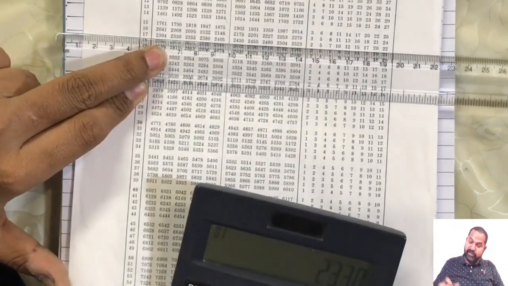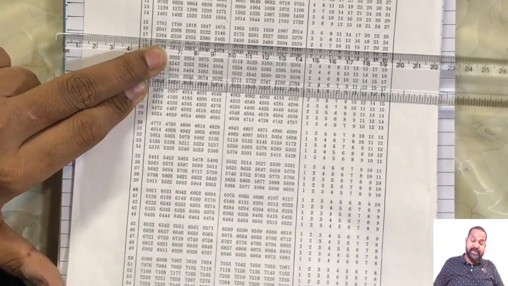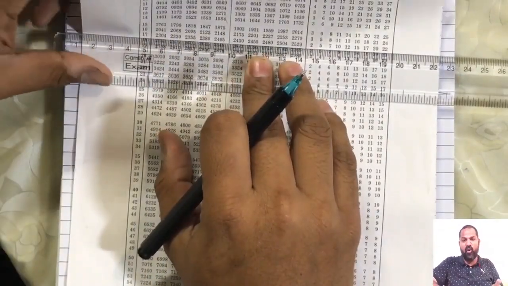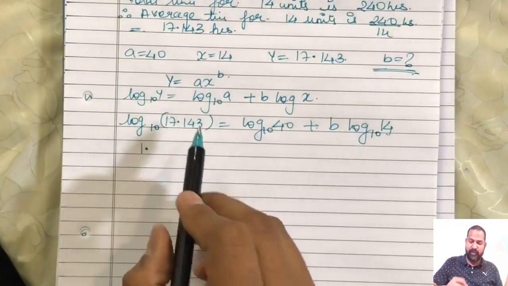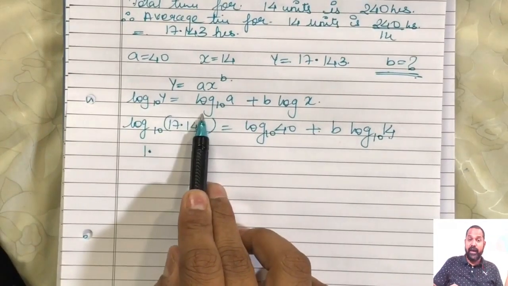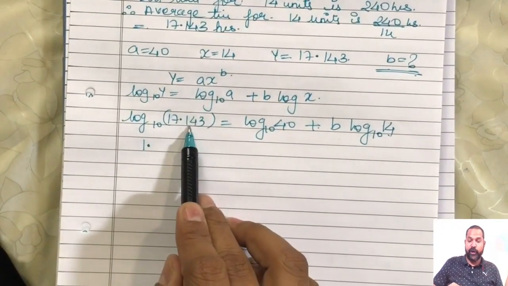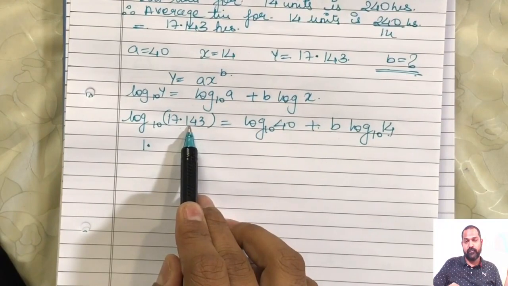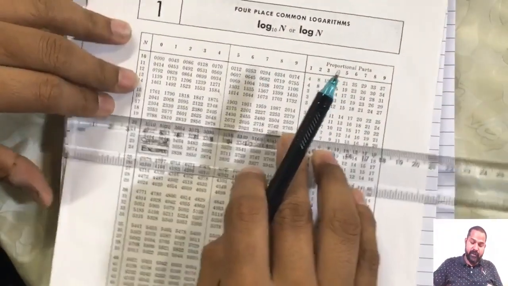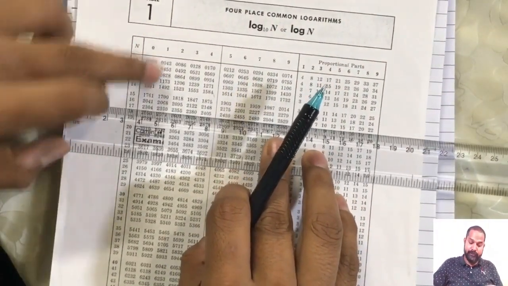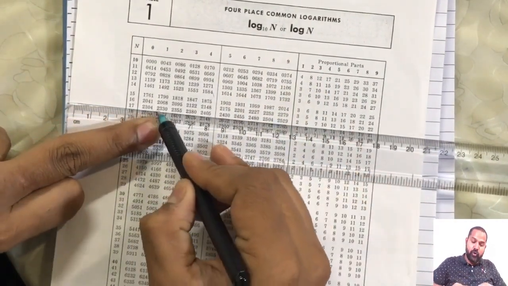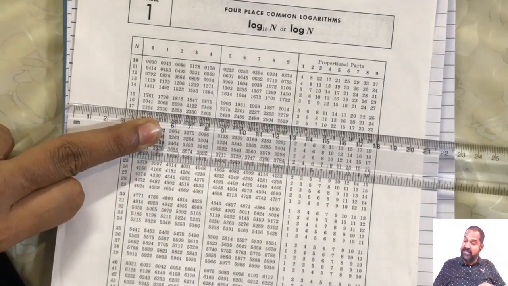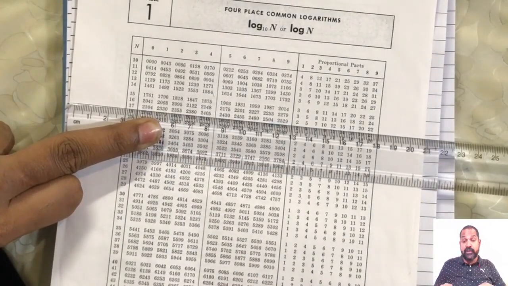So 2330 plus, 17.143, four digits, the fifth digit is also there but it's 3, so I'm going to cancel it out and only look for 17.14. In 17, I will look for 1, and in that I will add the mean difference of 4, which is 10. So 2330 plus 10 will be 2340. And that's your answer.